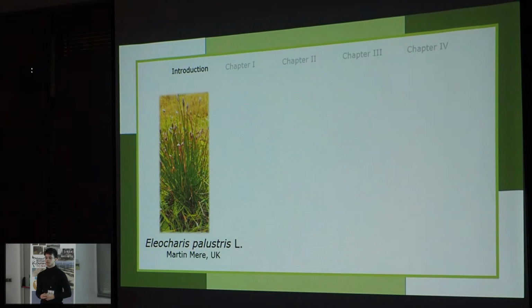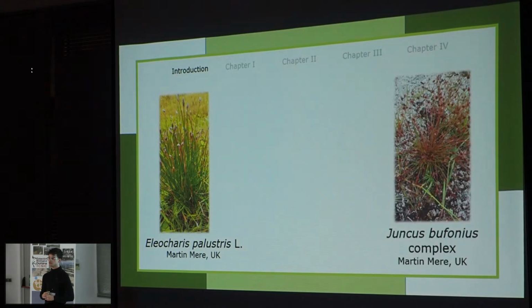Now, I'm going to introduce the three model species that we have selected for that purpose. The first one is Eleocharis palustris, a Cyperaceae. The second one is the Juncus euphonius complex, a Juncaceae.